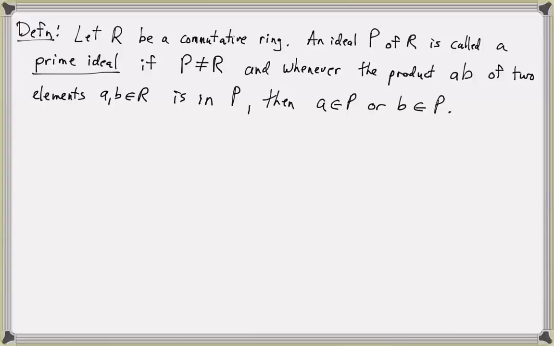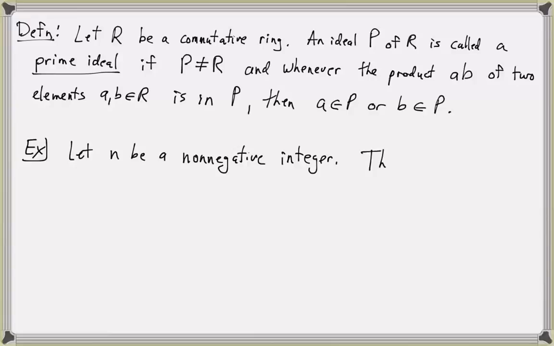So let's look at an example of prime ideals. Let's look at the ring of integers. So let n be a non-negative integer. Let's look at the ideal generated by n.